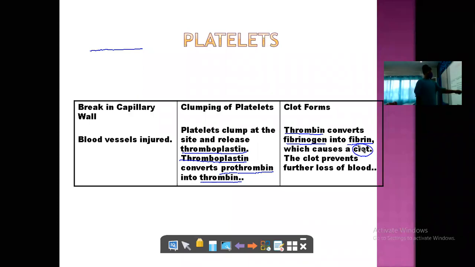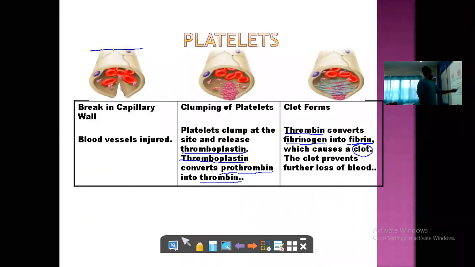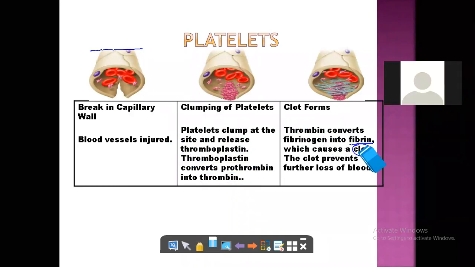The clot prevents further loss of blood. So that's what happens during blood clotting.